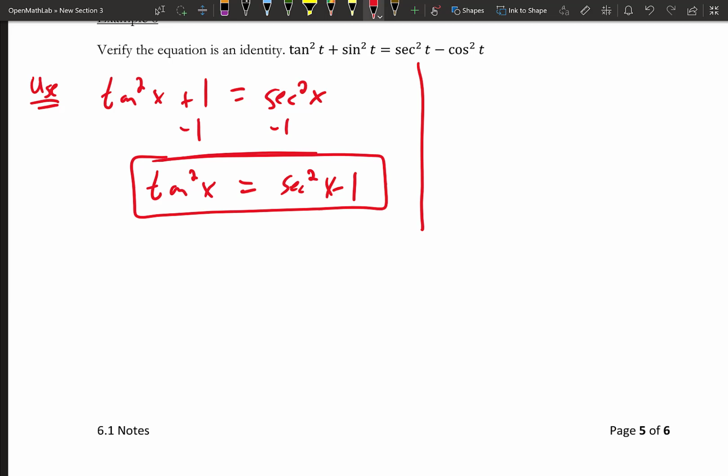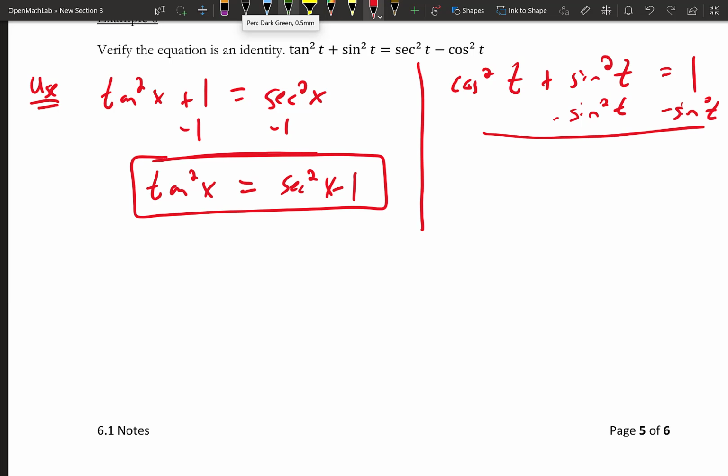And also, if we start with cosine squared t plus sine squared t equal to 1, if I subtract sine squared t from both sides, we get cosine squared t equals 1 minus sine squared t.